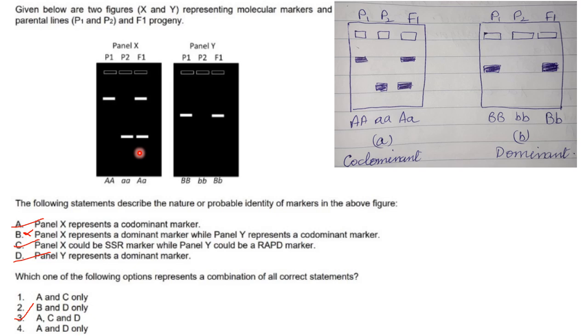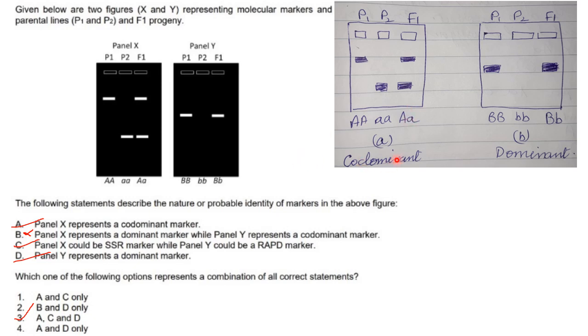So before coming to this question, this is a codominant marker and this is a dominant marker. In codominance, you will get both the bands. That is, you will get bands for capital A, small a, as well as capital A and small a in the F1 progeny.